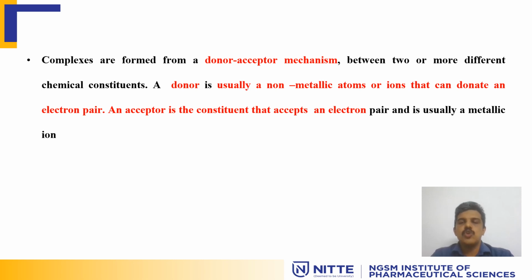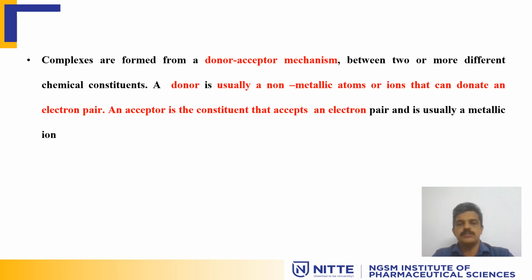The donor is the one which has a tendency to donate an electron pair. A donor is usually a non-metallic atom or ion. It is not a metal ion; it is usually a non-metallic atom or ion which has a tendency to donate electron pairs.